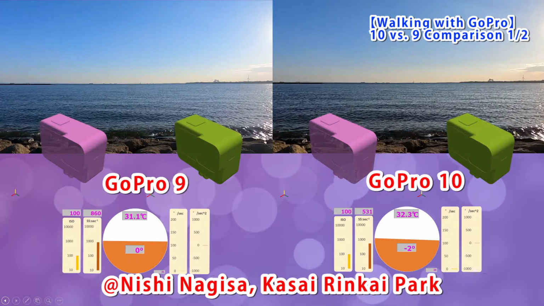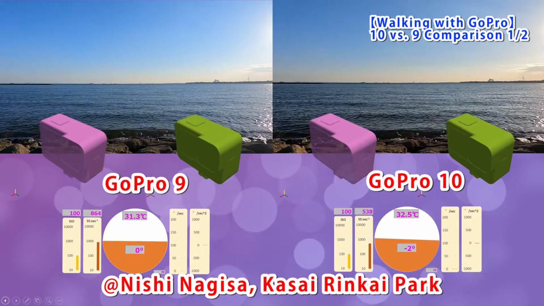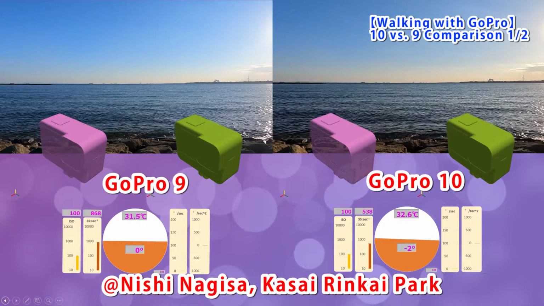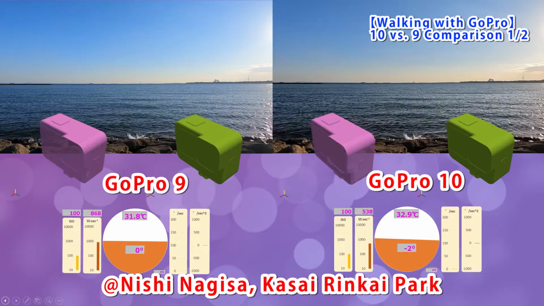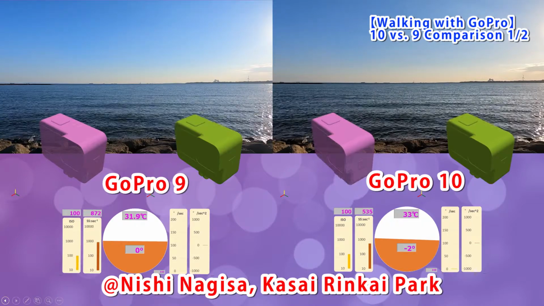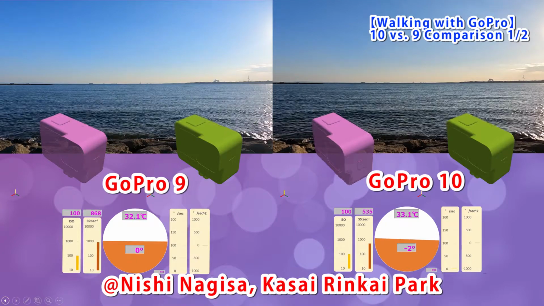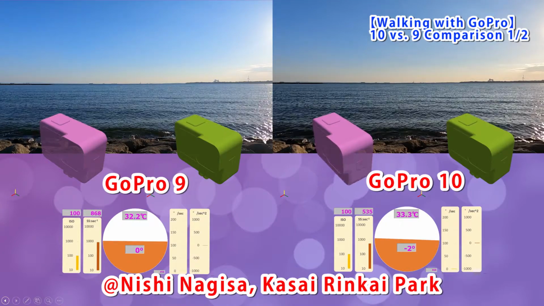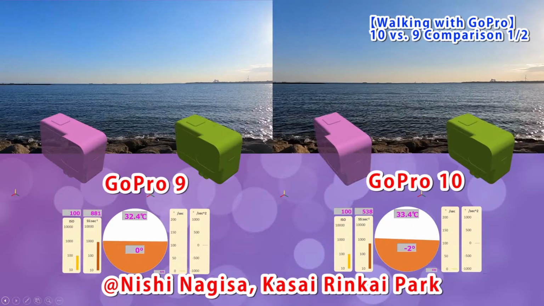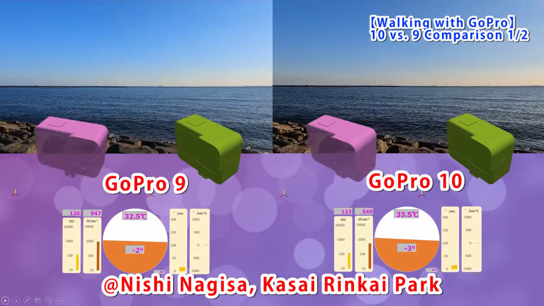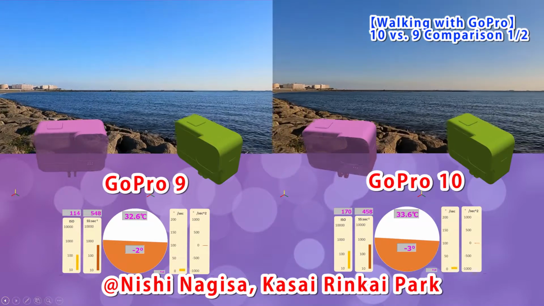I came here, to Kasai Rinkai Park Nishi Nagisa in Tokyo, where we can overlook the horizon. It is the best place to check the horizontal level stabilization. At first, I turn to the left and then the right.